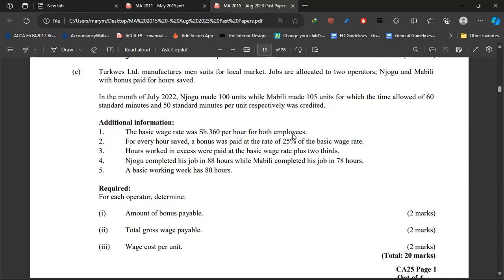For every hour saved, a bonus was paid at the rate of 25% of the basic wage rate. Hours worked in excess were paid at the basic wage rate plus 2/3. Njogu completed his job in 88 hours, while Mabili completed his job in 78 hours. A basic working week has 80 hours. We are required to determine the amount of bonus payable, total gross wage payable, and wage cost per unit.